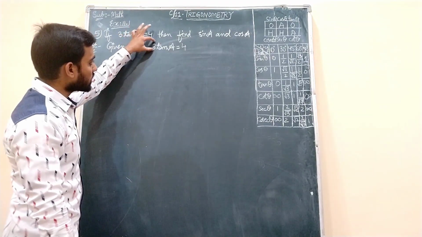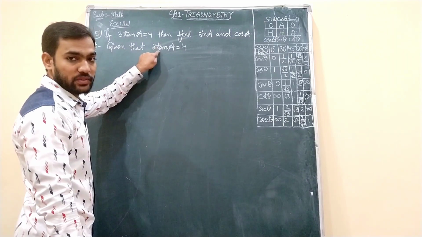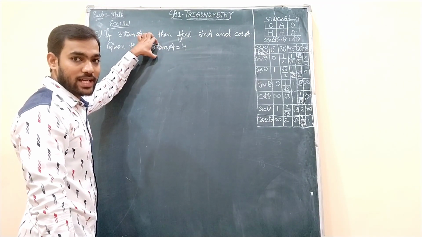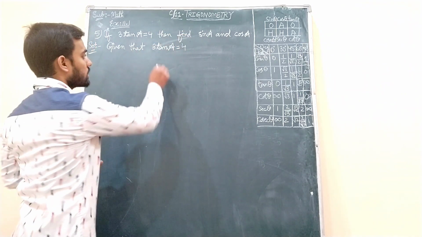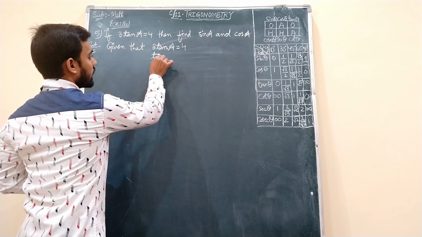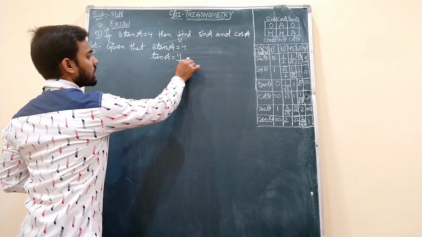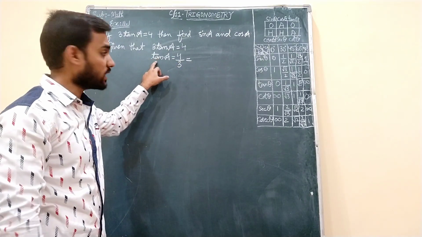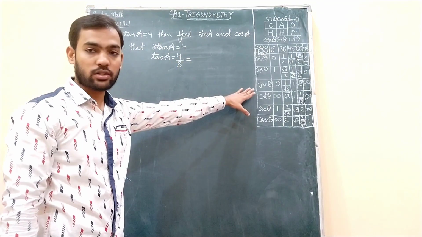When I transpose this 3 from LHS to RHS, this is in multiplication with tan A. 3 tan A means 3 is in multiplication with this trigonometric ratio. So when I transpose this 3 from LHS to RHS, this 3 gets into division. So I will get tan A equals 4 by 3. Now you need to write the formula of tan A. First of all, you need to check whether this 4 by 3 value exists under tan in this trigonometric table.